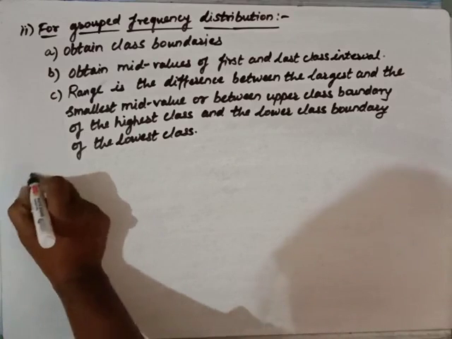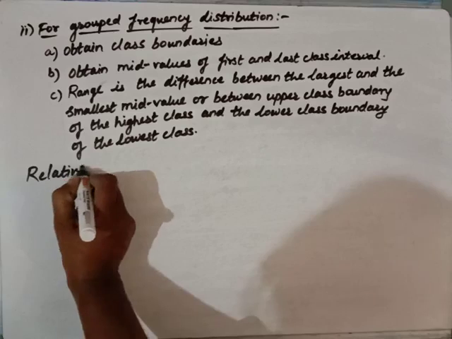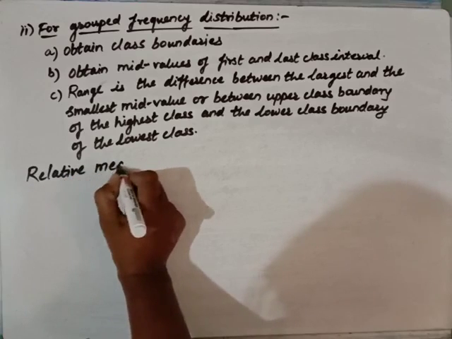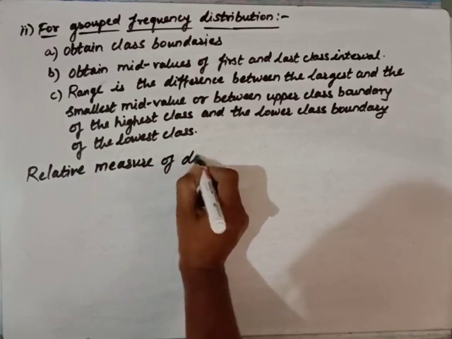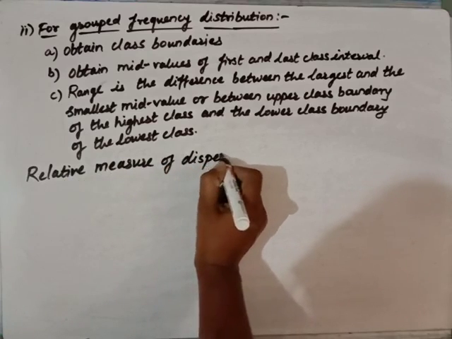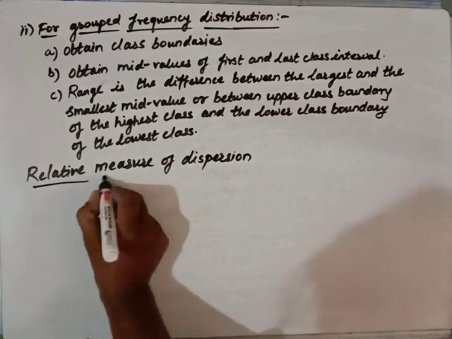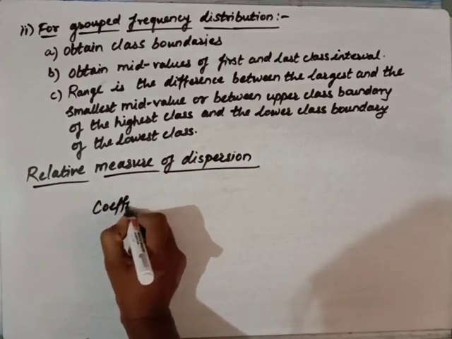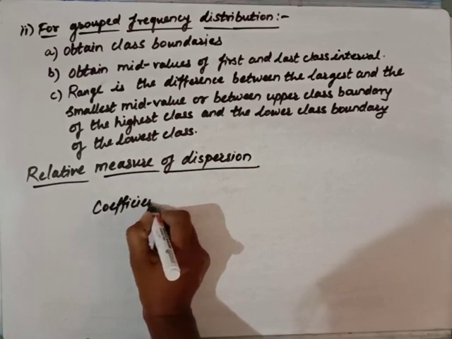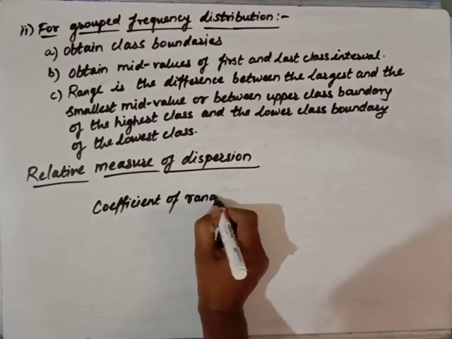Now, what is the relative measure of dispersion here? The relative measure of dispersion is nothing but the coefficient of range.